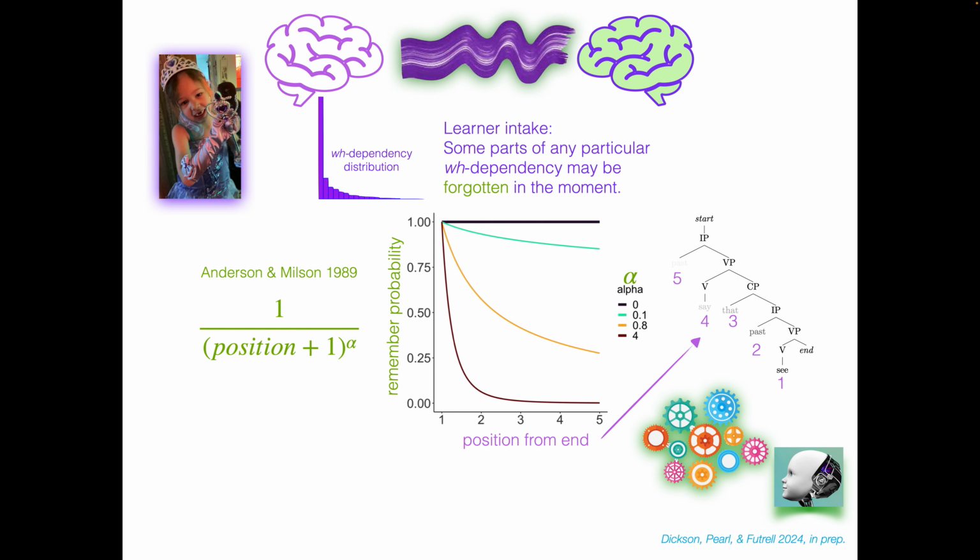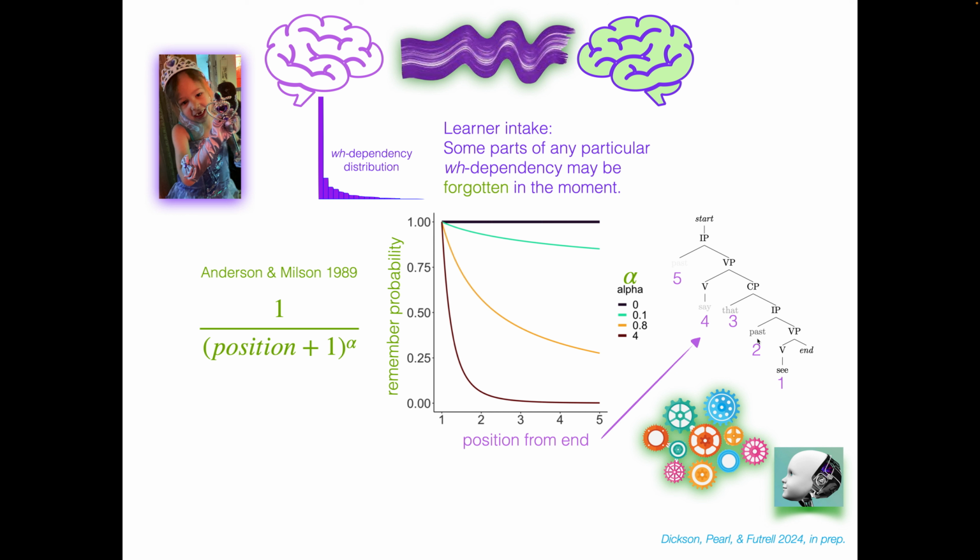And so this is the particular equation that seems to capture human recency effects fairly well. It involves this parameter alpha. We are looking here at 4 particular values. So 0 is like no forgetting, perfect. And these other values give you less or more steep forgetting curves, where you're looking here on the x-axis at the position of the item from the end of, in this case, the syntactic path.